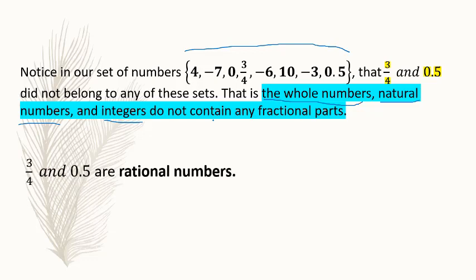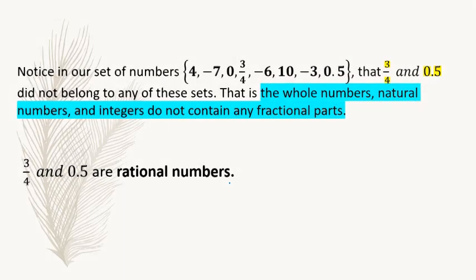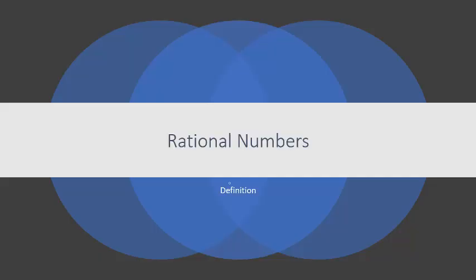Then what are they? They are what we called rational numbers. This is how we call them, rational numbers. But why? Let's see why. Rational numbers. Definition.